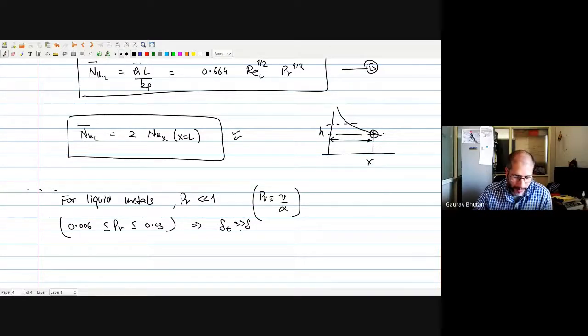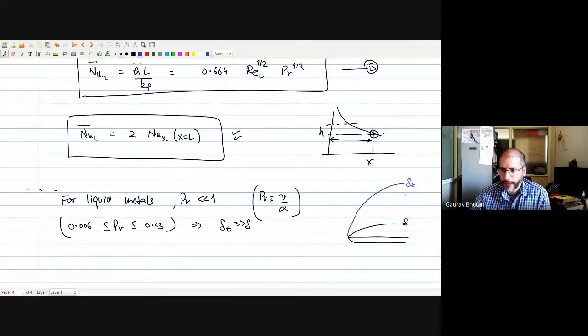If I was to draw this situation, let's say you have your delta, and this was your delta T. And if I exaggerate further, your delta T is much larger than delta.